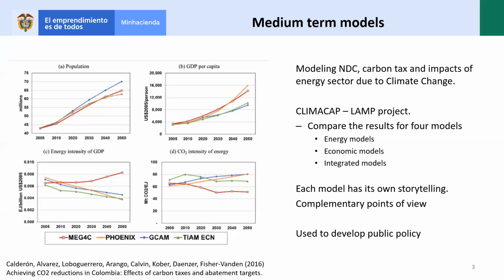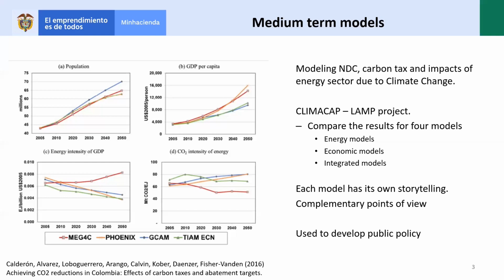Using different models in a platform where we can compare and discuss the results is so useful because it gives us more options, so that we have different storytellings that we can use when we discuss public policy. And it is interesting how we mix the economic models with the energy models and the integrated analysis models as well.